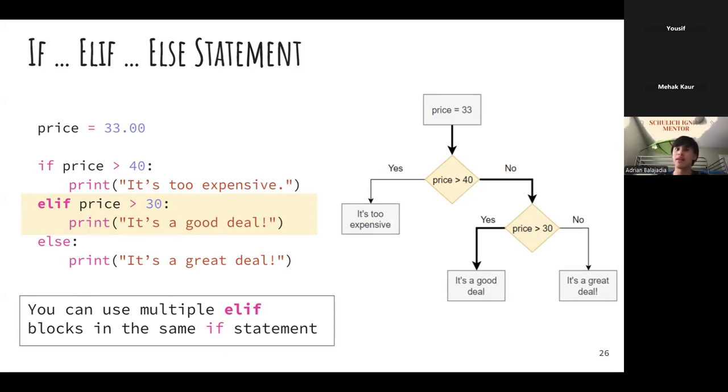And Yusuf, I'm hoping this is a general question. So what's the difference between an if statement and an elif statement? I'll get to that. Say the if statement is false. The elif statement is going to cover cases where the if is false.